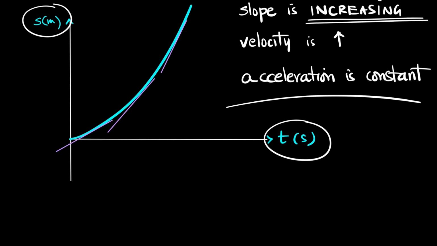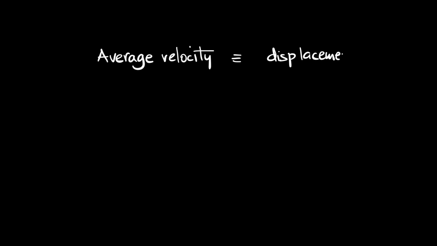Now let's come to the last point. That is the formula for average velocity, that is displacement from a point divided by time taken, because displacement is associated with velocity. Displacement is a vector quantity, velocity is a vector quantity.